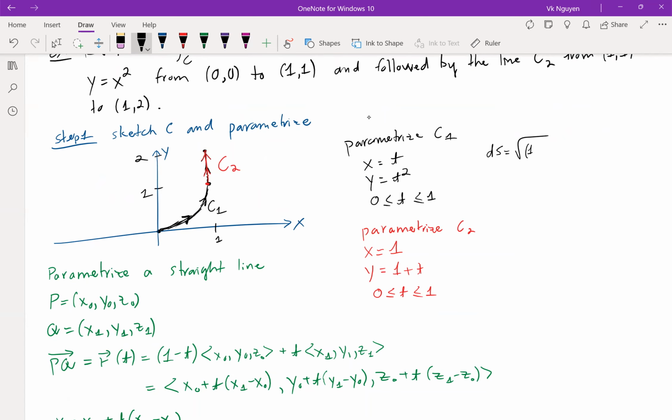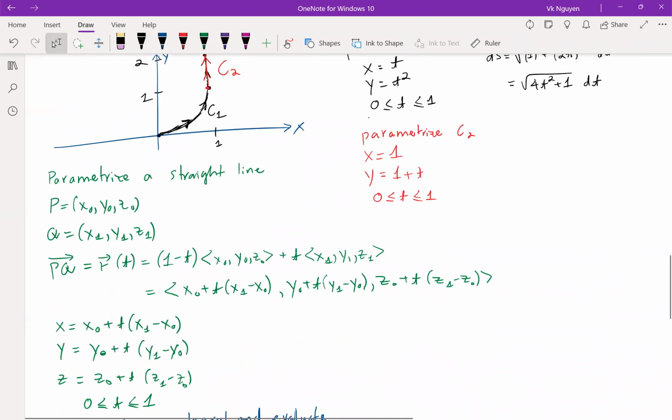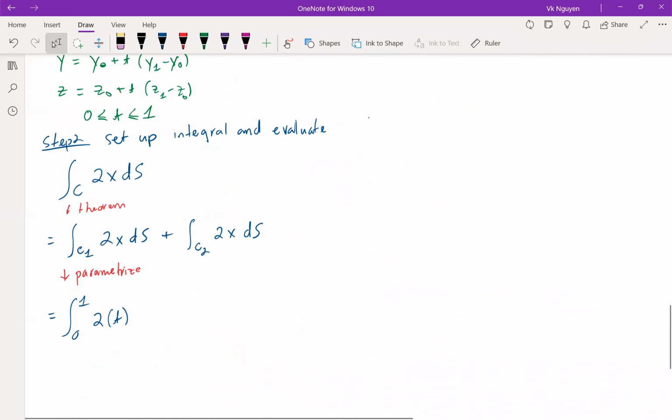1 squared plus (2t) squared dt. So that would be the square root of 4t squared plus 1 dt. So for C2, t from 0 to 1, 2x is 2 times 1.